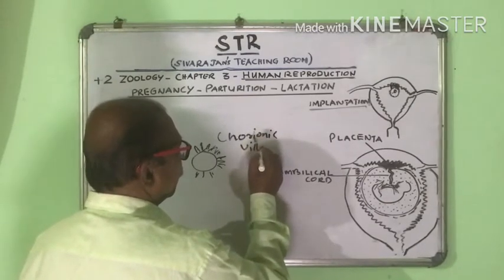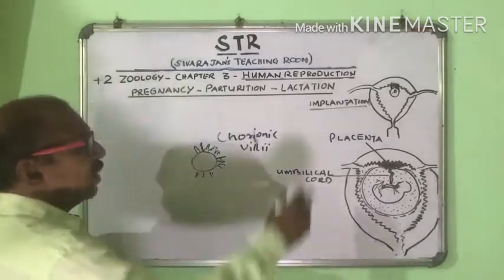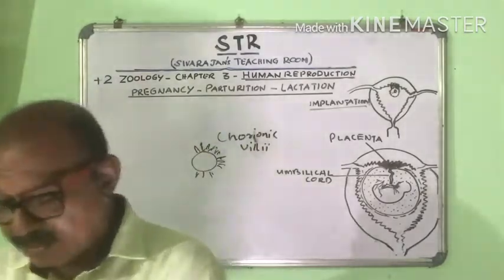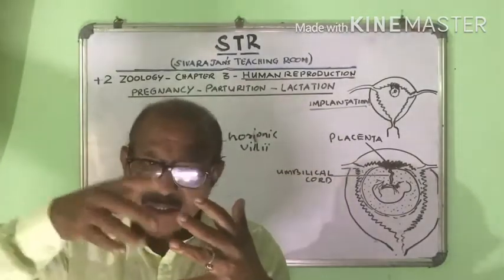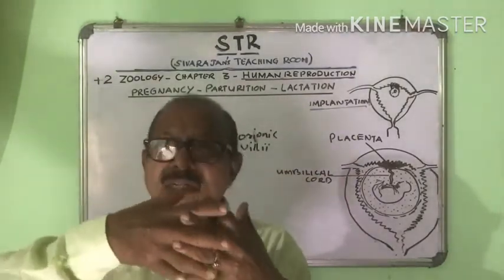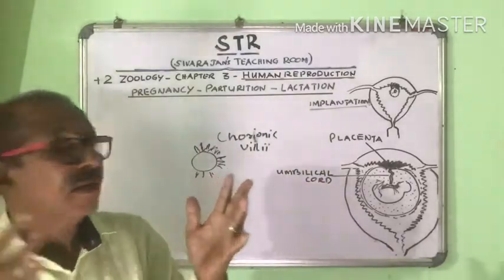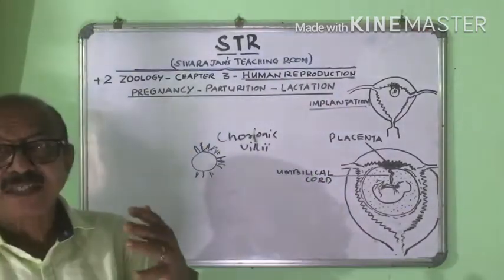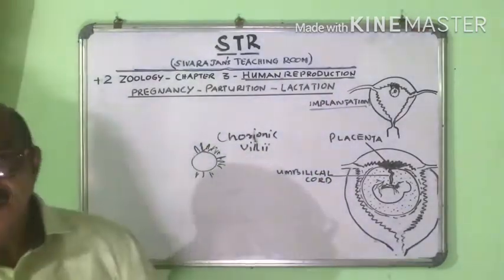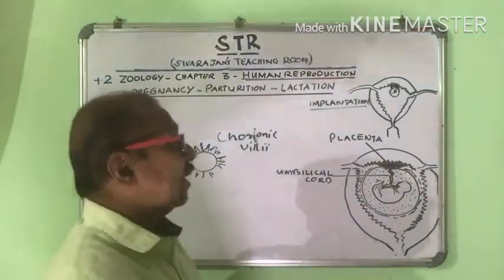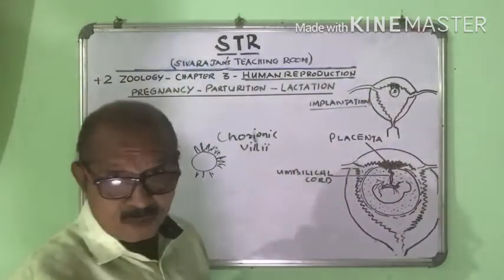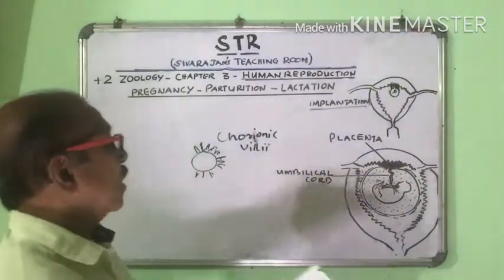The chorionic villi get integrated into the tissues of the endometrium and get fixed. And this integrated structure of chorionic villi and the endometrium tissue develops into the placenta.